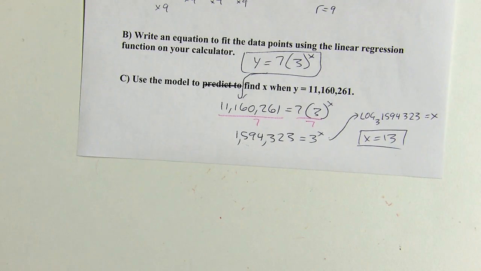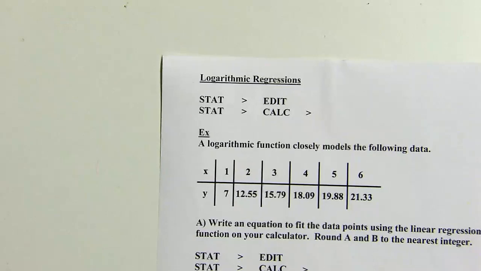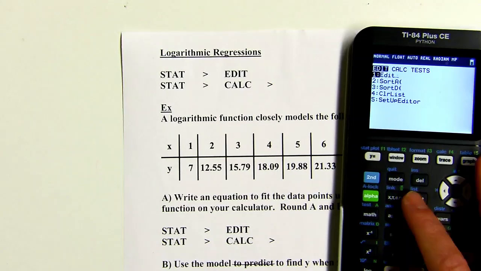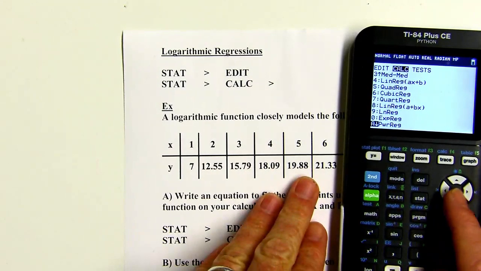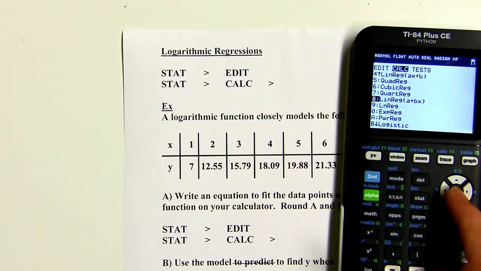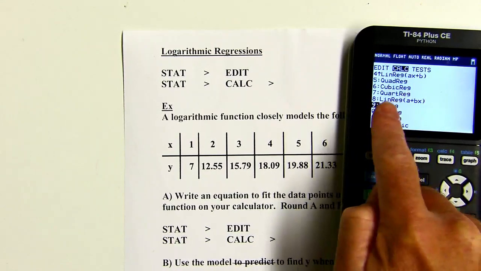All right, let's look at some logarithmic regressions on the next page. When you go to the Stat menu and over to Calc, and you scroll down for a while, there is something called logistic, but I like to use the ln reg, which means that's going to be a natural log.